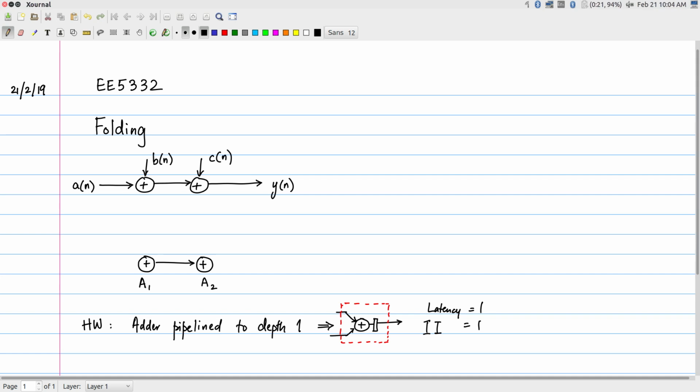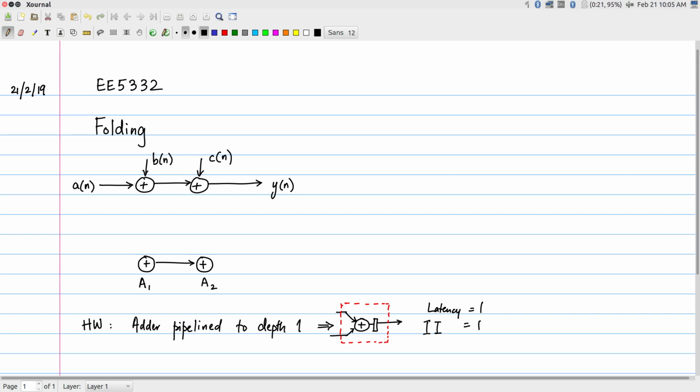And what is the duration of that clock cycle? How many nanoseconds or how many picoseconds? I don't really care. I'm not mentioning that at the moment because my assumption is that I'm going to use this in a clocked system where that clock will be sufficiently long period so that there is no violation of timing over here.